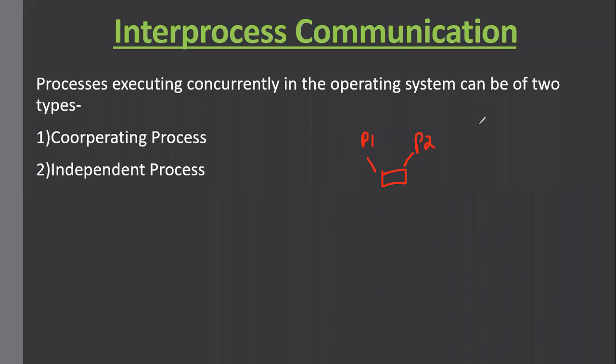Let's write it down here. Two persons, A and B, are sharing some resource, let's say your stationery. If A is using the stationery, then B should wait.